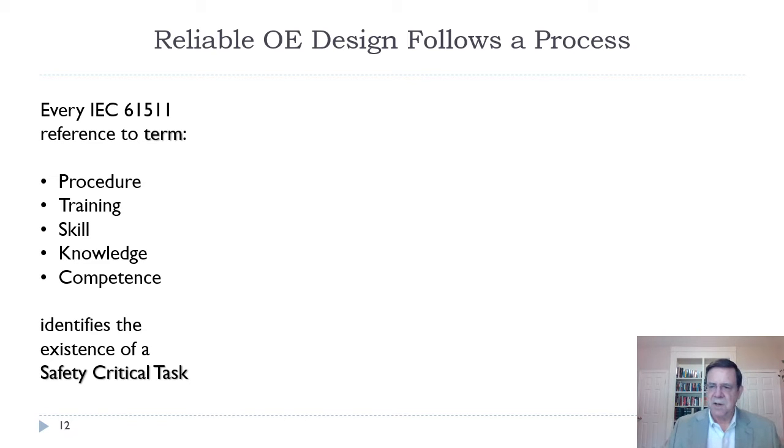A procedure is a SIF component that's every bit as important as, say, a transmitter, but the failure mechanism is different. If I have a sensor fail, it reveals right away. A procedure invokes a Swiss cheese model, and I have to add some other conditions to lead to failure, but nonetheless it leads to failure.